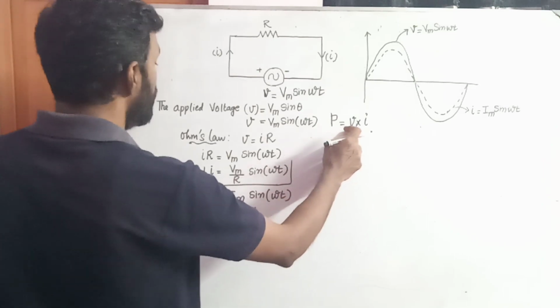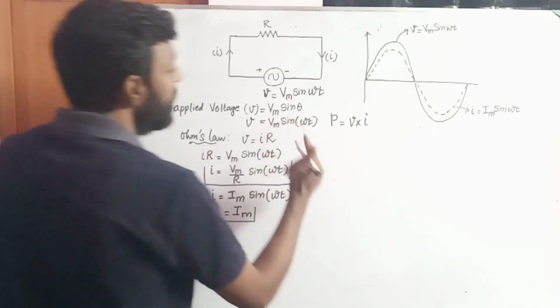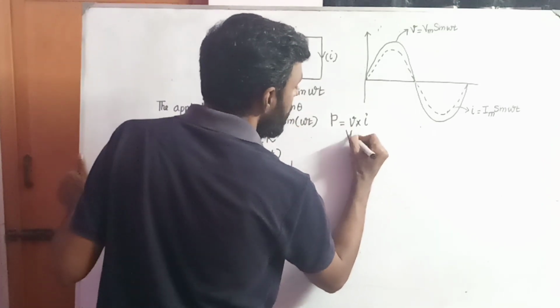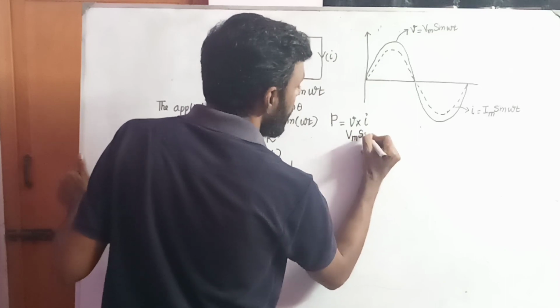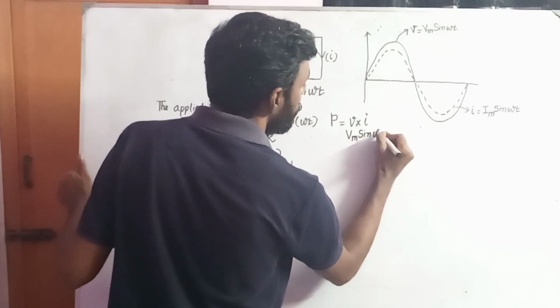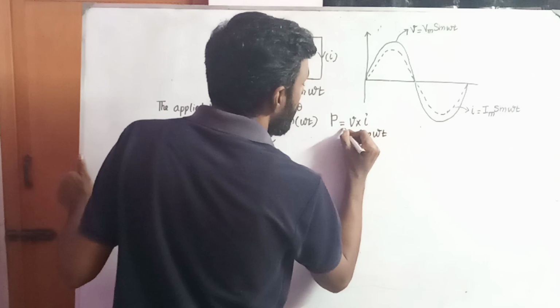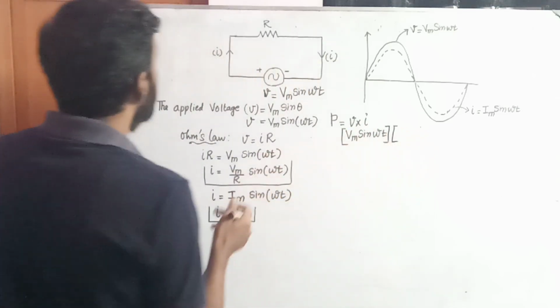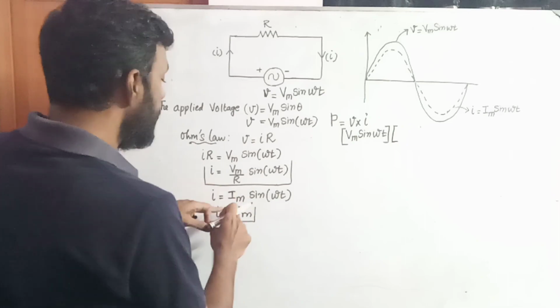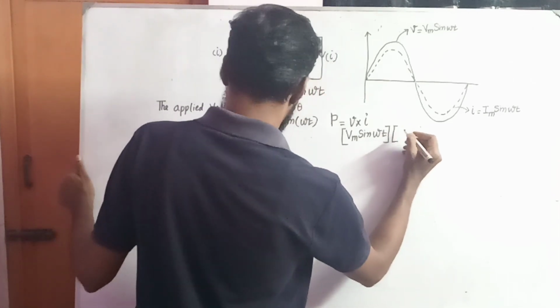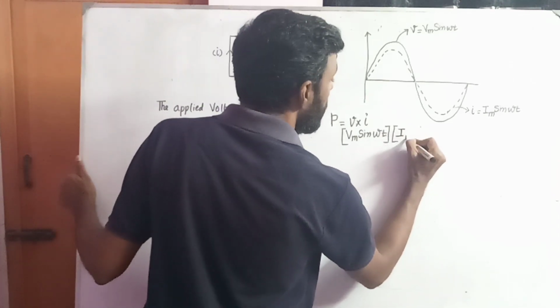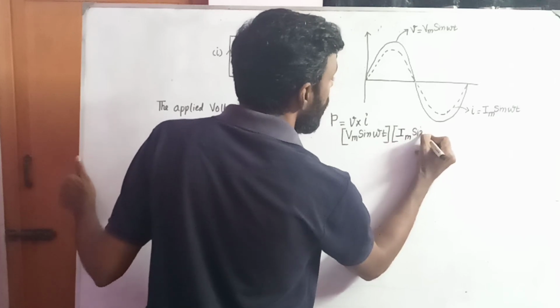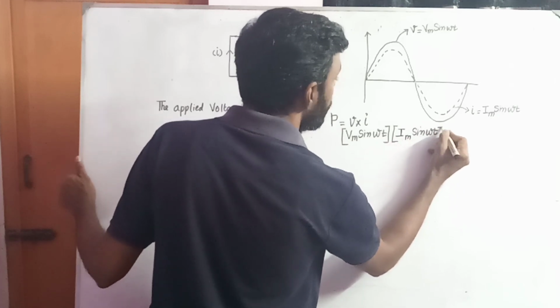We know the value of small v is Vm into sine omega t, and the value of I is Im into sine of omega t.